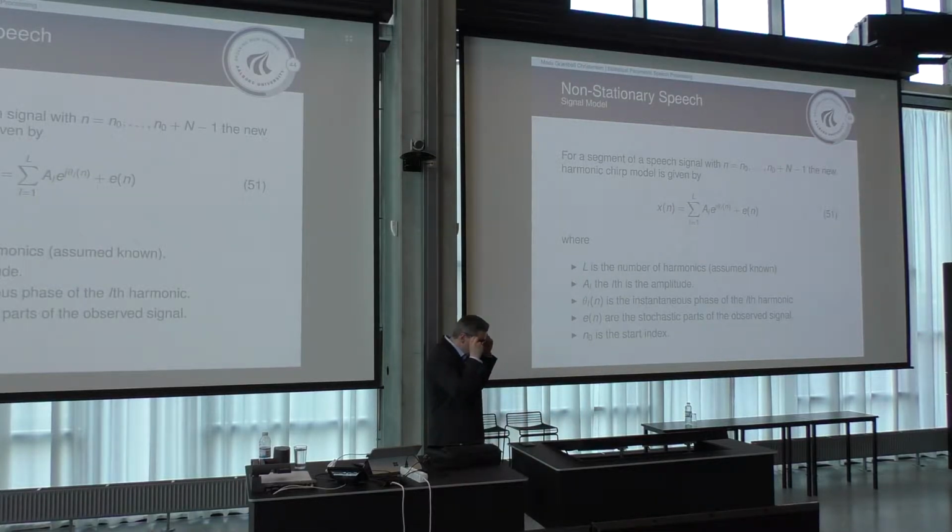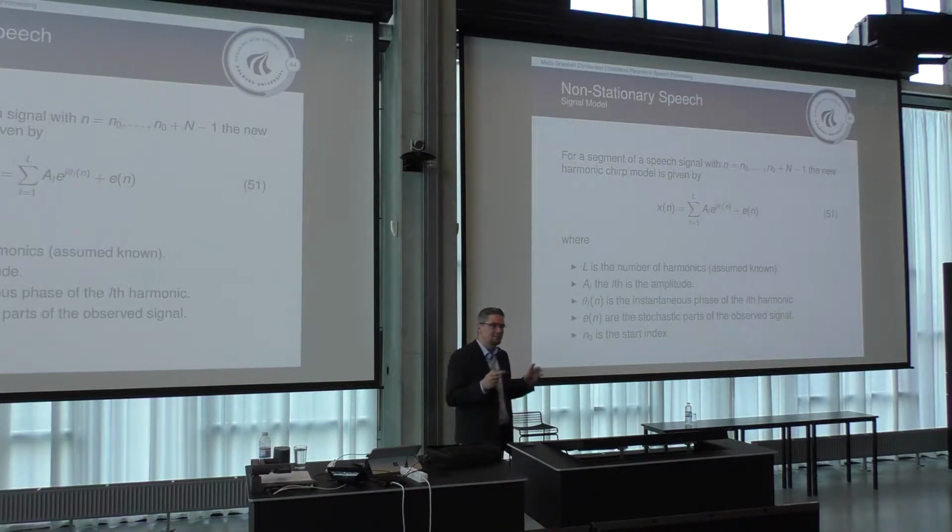So now the model will be modified a bit. Our observed signal x looks a bit like before, but instead of the simple model we had before, we now have what is called an instantaneous phase up here. And that model is going to be different from what we had before. Another thing that's different is that the time indices will start at n0. We'll still have N samples, but they'll start at n0.